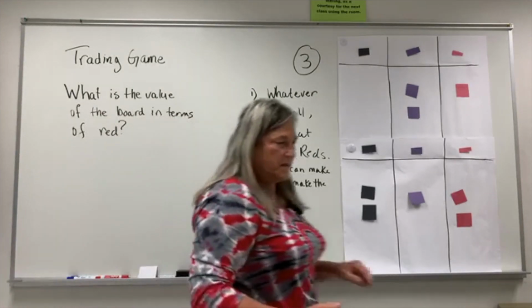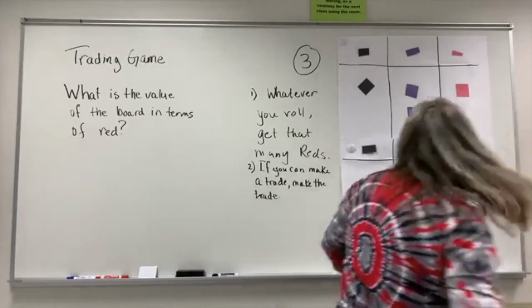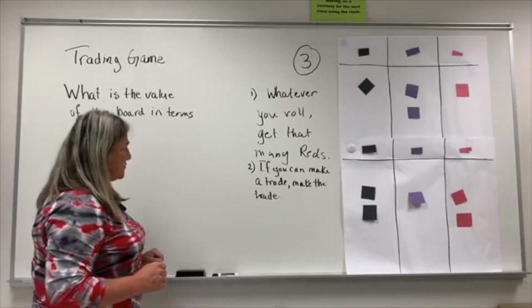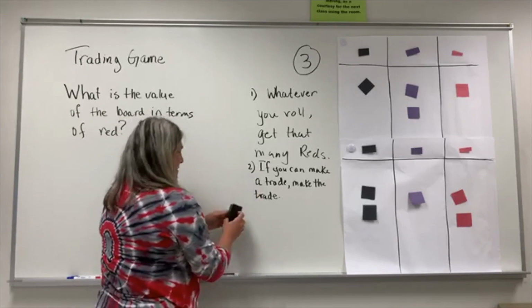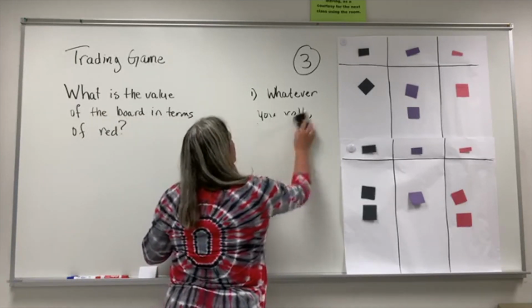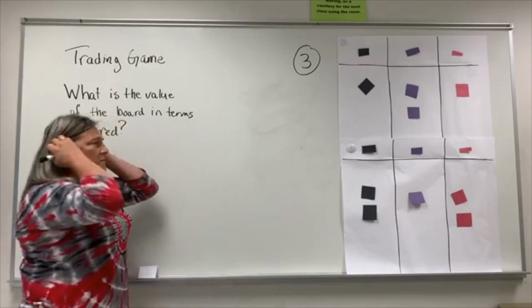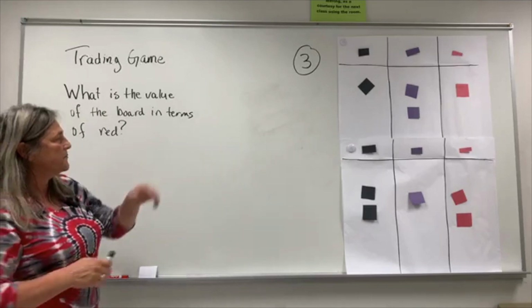So let's look at 2 different cases. So let's look at these 2 boards here. Let me erase this. We'll write the definition or the directions down so that you can see them also. So what do we have on this board?